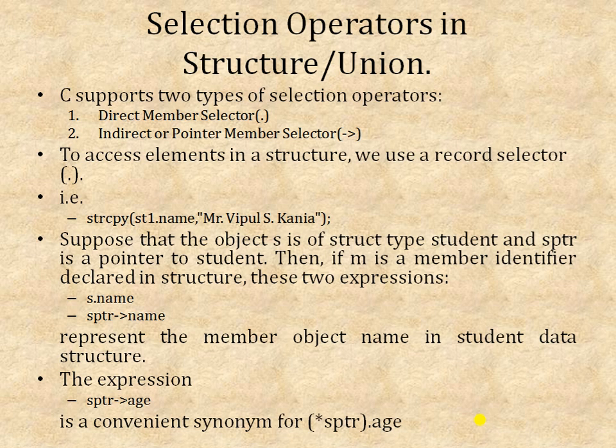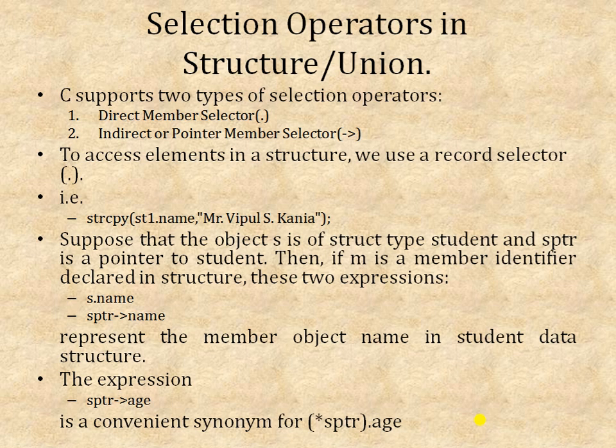Suppose that the object s is of struct type student and sptr is a pointer to student, then if m is a member identifier declared in the structure, these two expressions, s.name and sptr arrow name, represent the member object name in the student data structure.